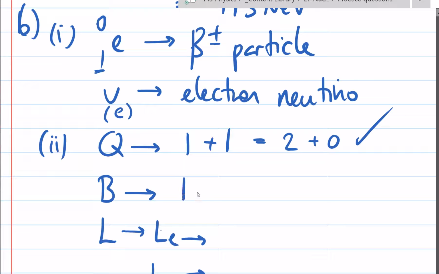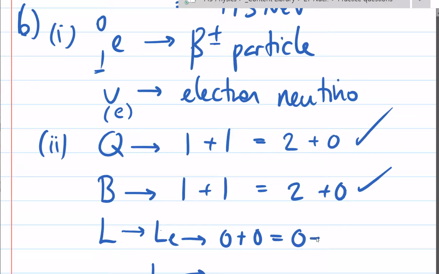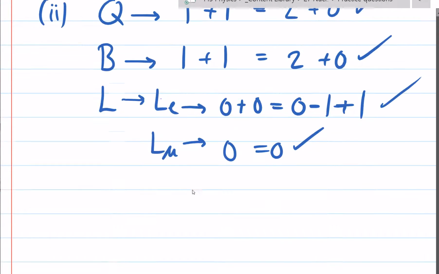Baryon number, we have 1 plus 1 equals 2, because we've got 2 baryons in the deuterium, plus 0, so that equals. Lepton electron, we have 0 plus 0 equals 0 minus 1, because this is a positron, which is an anti-electron, so that's an anti-lepton, plus 1, because we've got the neutrino, both sides equal 0, that's fine. 0 equals 0 for the muon number, because we don't have any muons, so that's fine. Therefore that can work.